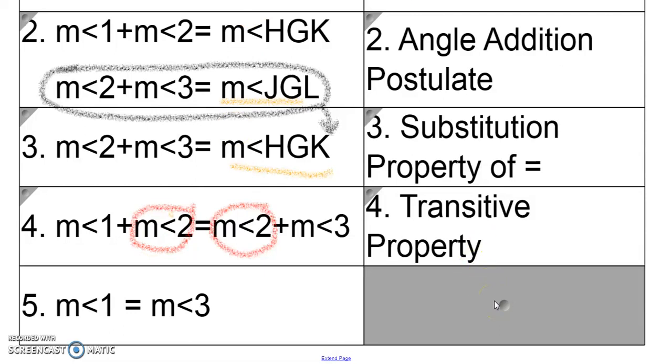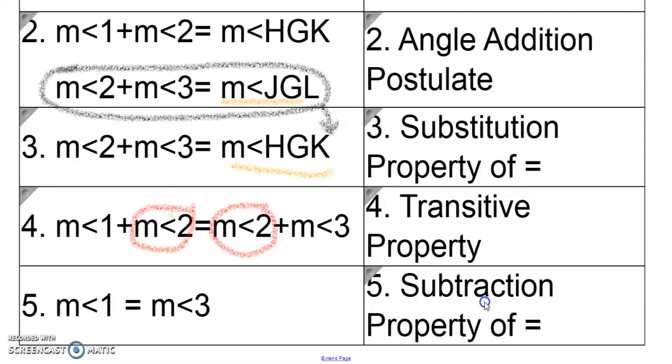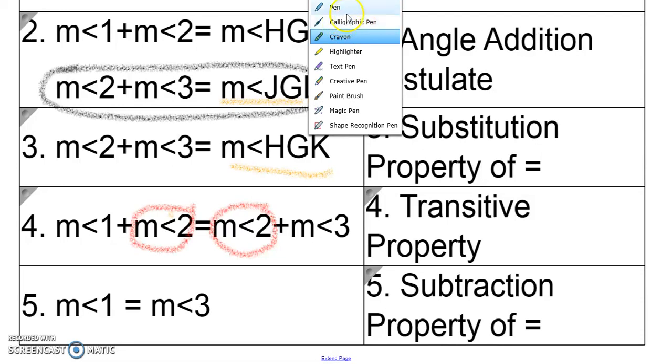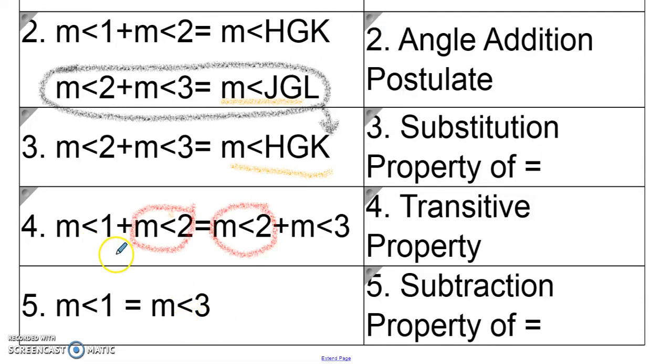And so my last reason to get to my conclusion is the subtraction property of equality. I will subtract the measure of angle 2 on both sides, and that's what allows me to get rid of it and essentially cancel it out. I can get rid of that and get rid of that and just be left with the measure of angle 1 equal to the measure of angle 3.